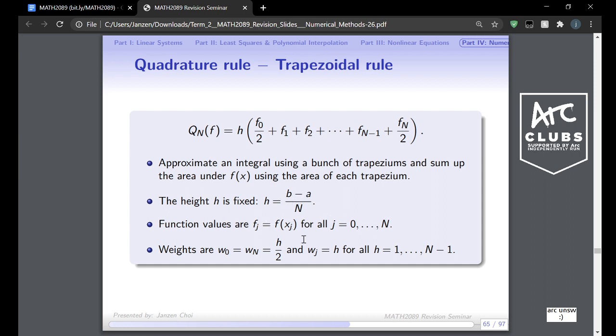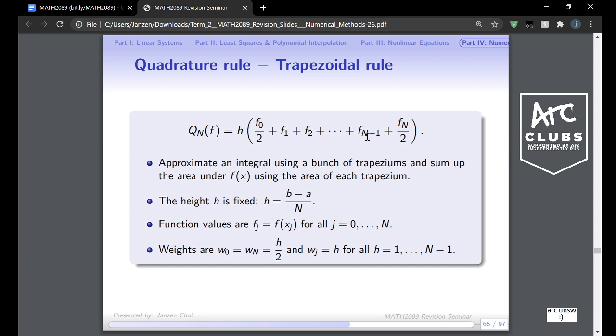We substitute those xj values into the function and sum them up with their respective weights. The weights for the trapezoidal rule are h/2 for the first and last element, and h for the other elements.